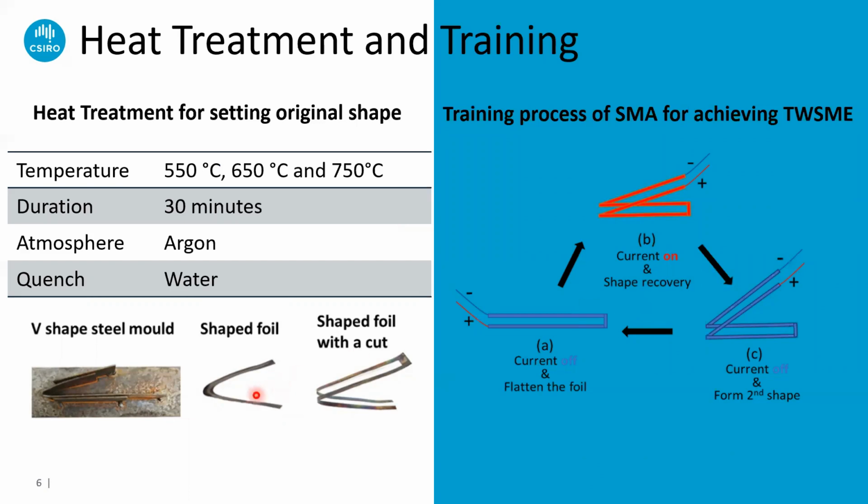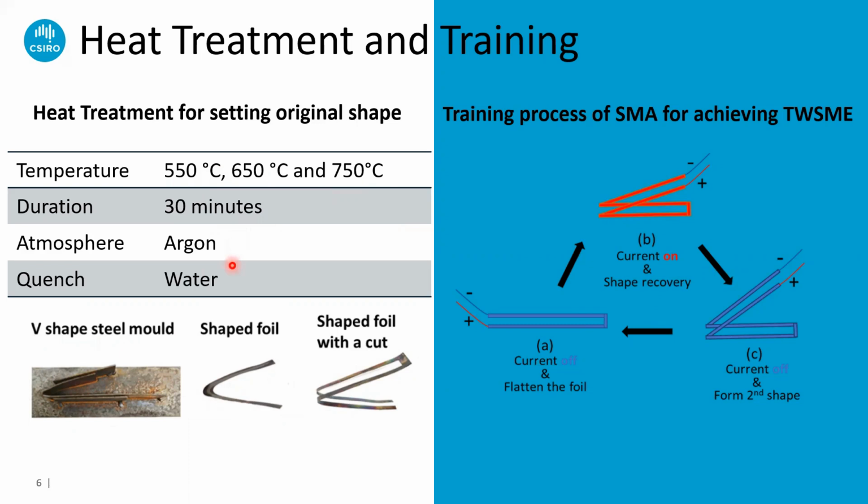So we made these kinds of V-shaped steel molds, and the material can easily be inserted and then keep the shape here. And then we put this mold with the material into the furnace at 3 different temperatures for 30 minutes under argon.